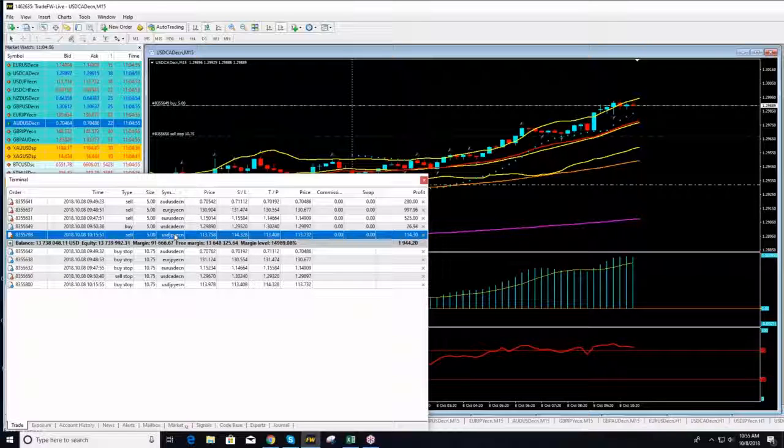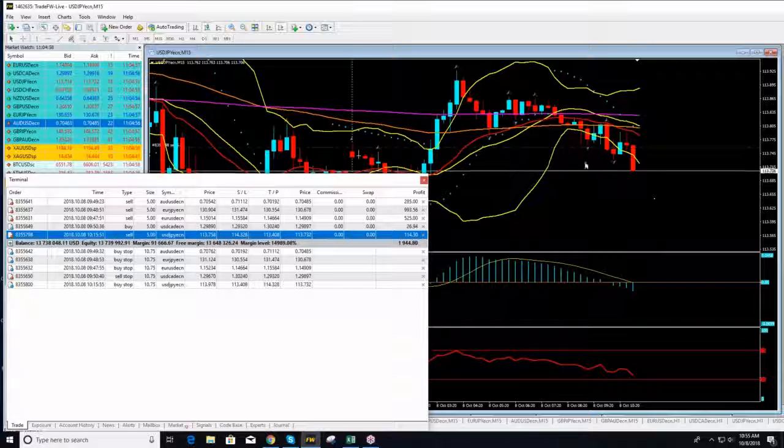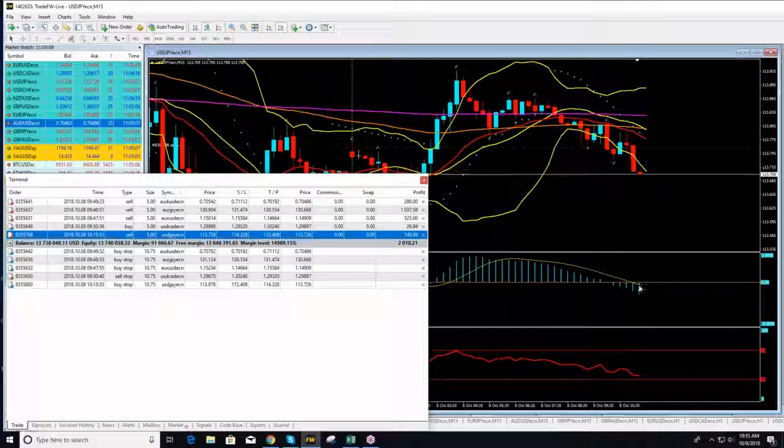And last but not least, dollar yen. Dollar yen, you see here that the MAs have entered a bearish setup. The MACD has just turned negative into a bearish momentum together with the signal line, and the RSI is also within a bearish momentum territory below the 50 equilibrium level.